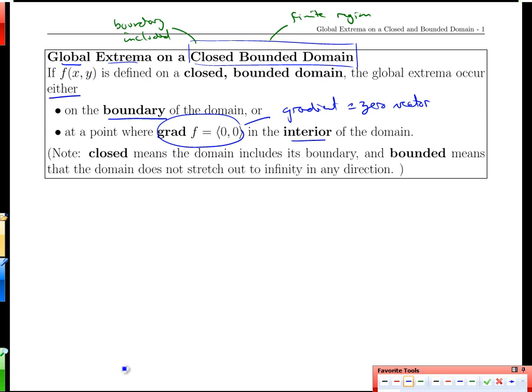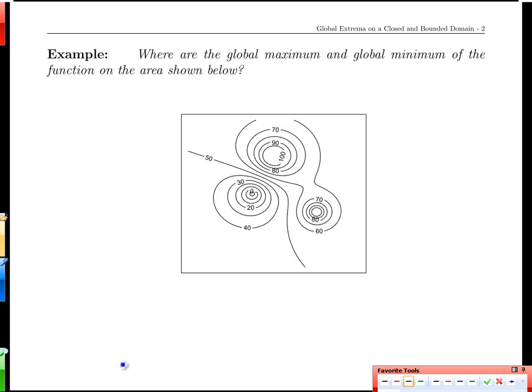We're going to study this in the context of contour diagrams, which lend themselves very naturally to this kind of problem. For example, here's a contour diagram. Note the various heights. We have heights of 0, 20, 30, 40, 50, 60, 70, 80 towards the interior.